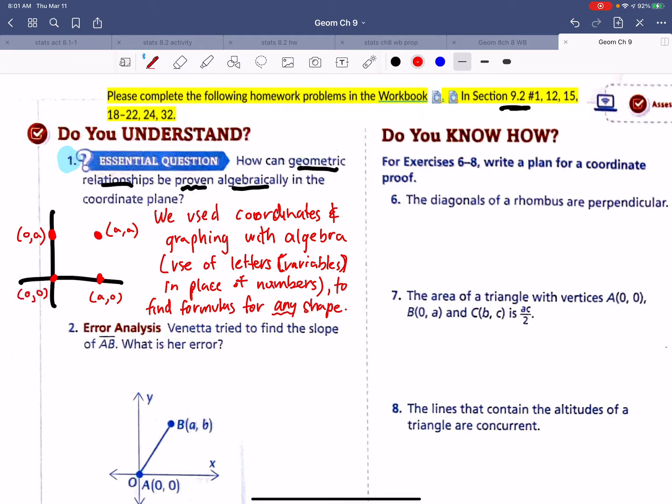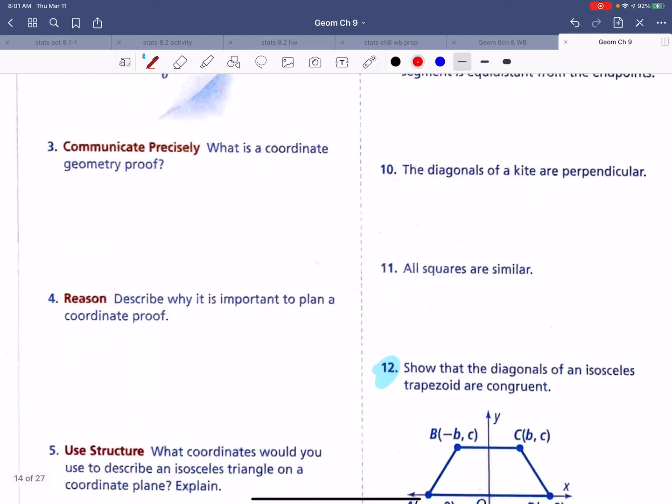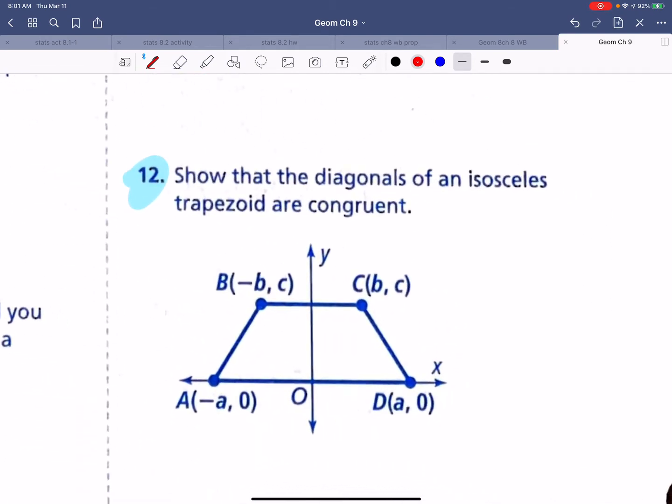Okay, number 12. It says, show that the diagonals of an isosceles trapezoid are congruent. So here are our coordinates. And so what would be the distance here? This would be a right triangle, right?